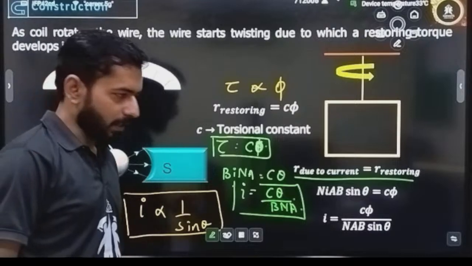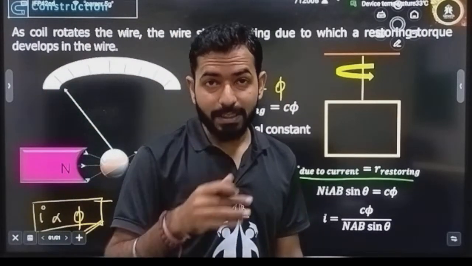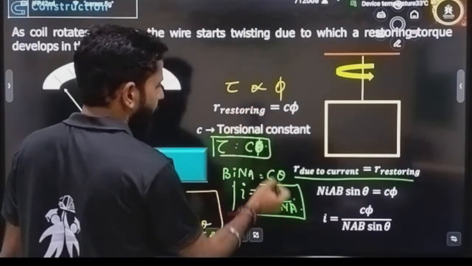Now there are two very specific terms here. One is called current sensitivity. The second one is called voltage sensitivity. Both are derived from here only. I will tell you the formulas for them also.